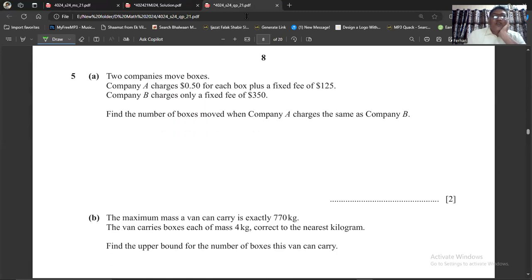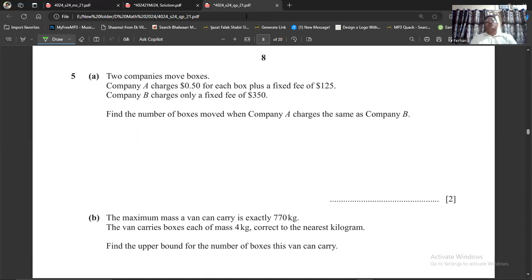So here we have question number 5 coming up on your screen. It's A part. He says 2 companies move boxes. Company A charges $0.50 for each box plus a fixed fee of $125. Company B charges only a fixed fee of $350.